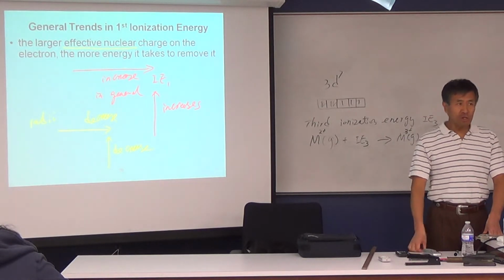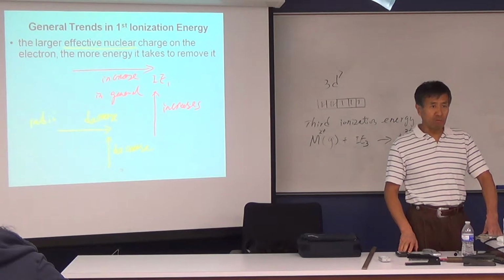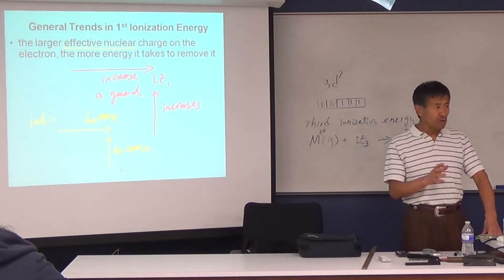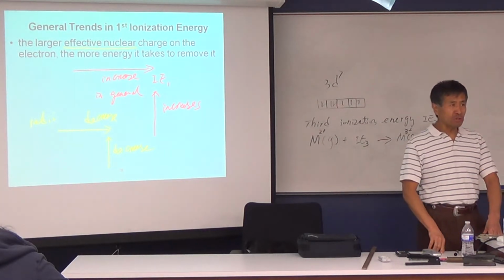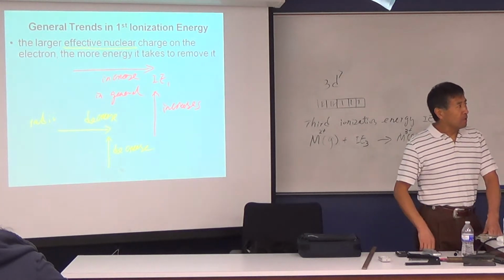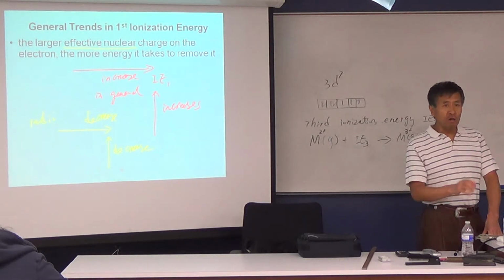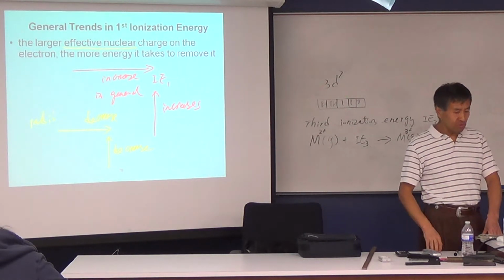So when you increase the atomic number, you have more and more attraction, which in general makes it a little harder to remove the electron. But we will see there are 3 periods, altogether 6 pairs of atoms, that have some of those exceptions.